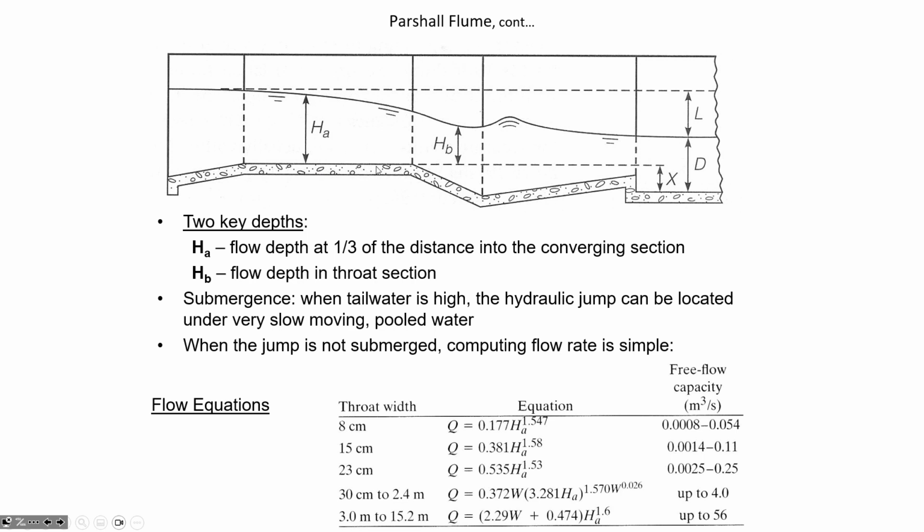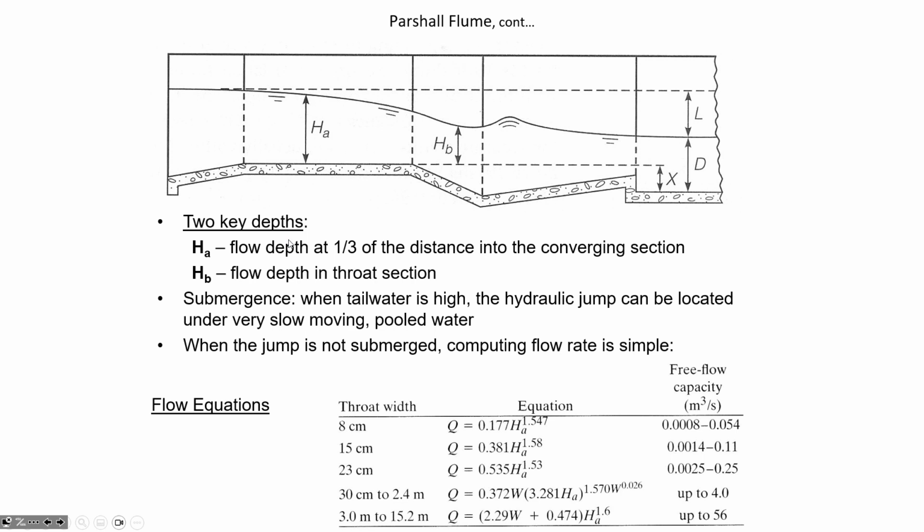Here you can see in the cross-sectional view that this steeply sloped throat section is what forces critical conditions, because the slope is enough that water gains some energy as it's going down there. You then measure the ratio of the upstream depth and the downstream depth to know whether the hydraulic jump is submerged.